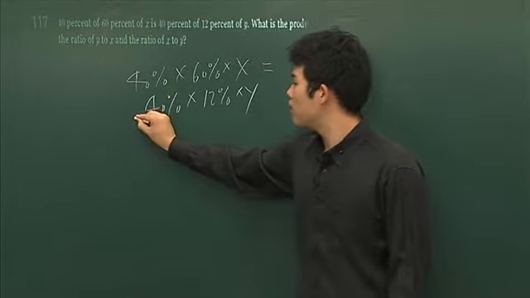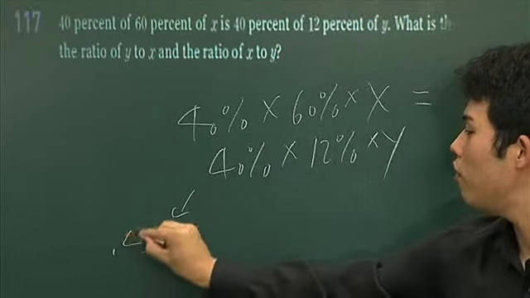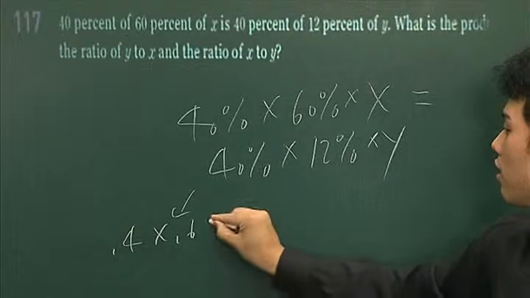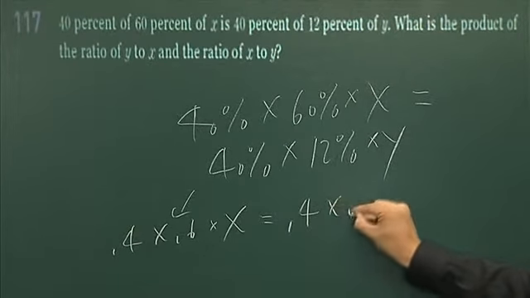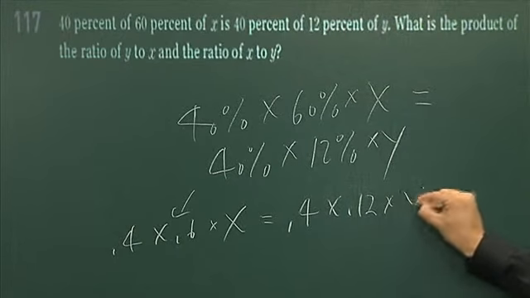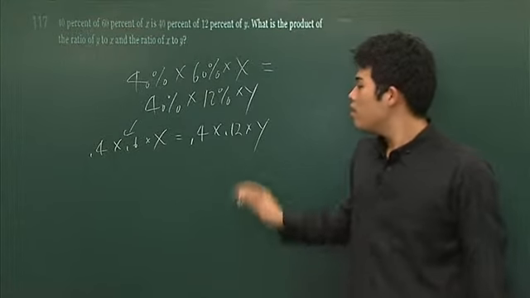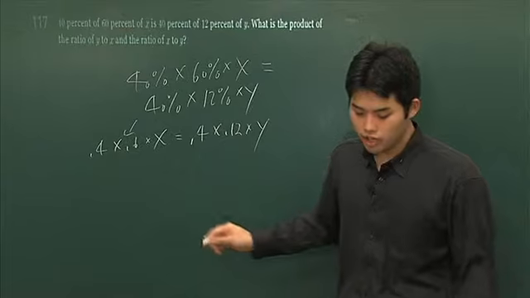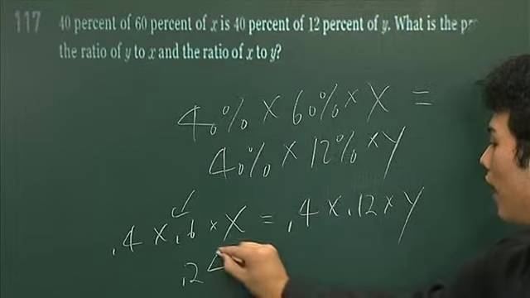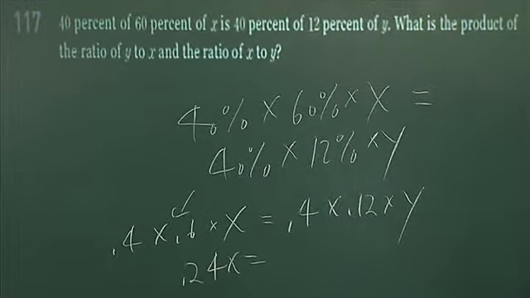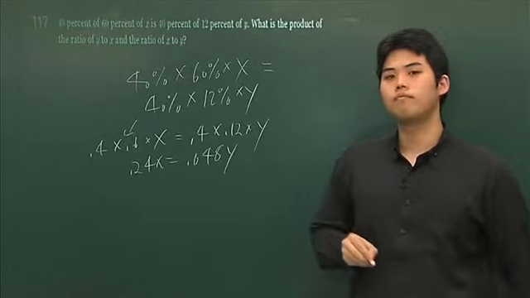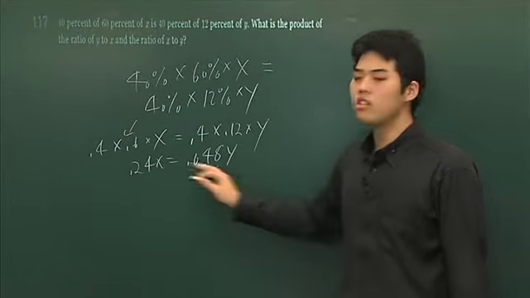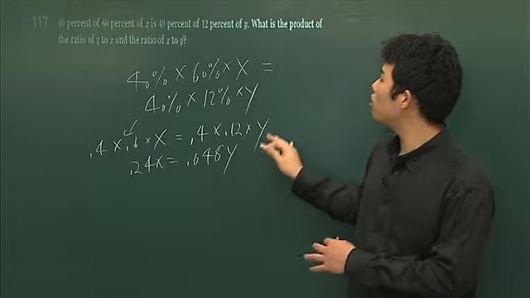I'm going to convert this entire thing to decimal: 0.4 times 0.6 times x is equal to 0.4 times 0.12 times y. After I do all this, I'm going to eventually get 0.24x is equal to 0.048y. Now, I could solve for x and y, but remember what they're looking for here.